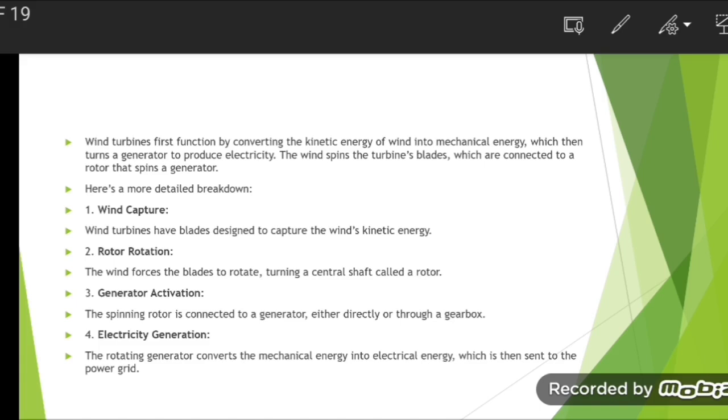The wind forces the blades to rotate, turning a central shaft called a rotor. The next one is generator activation. The spinning rotor is connected to a generator either directly or through a gearbox. And the next one is electricity generation. The rotating generator converts the mechanical energy into electrical energy, which is then sent to the power grid.